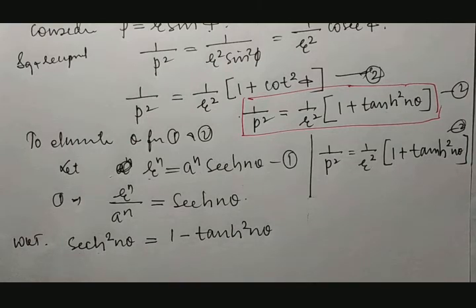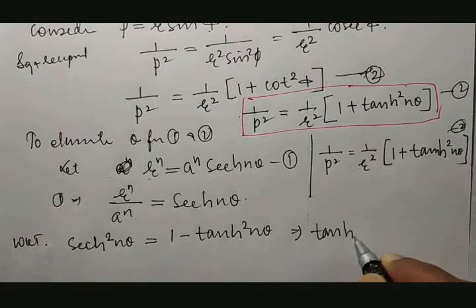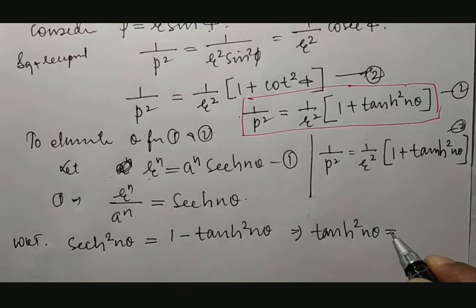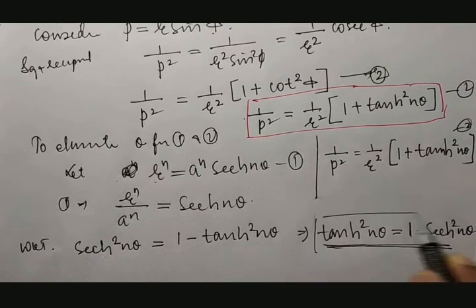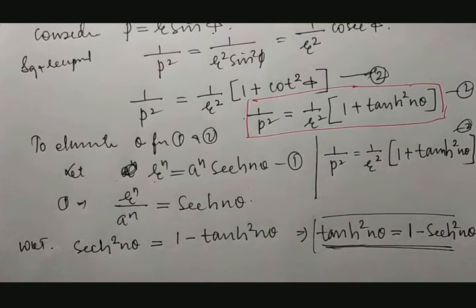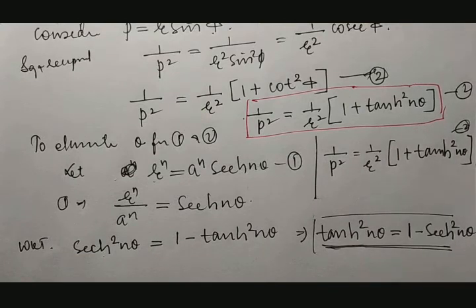Therefore, wherever sech is there we can put 1 minus tanh square n theta, or wherever tanh is there we can put this result, which is tanh square n theta is equal to 1 minus sech square n theta. So this is one more result. Then it is better to substitute this result in equation number 2.